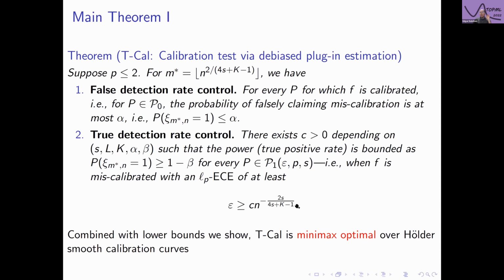And this is exactly that expression that he also showed, and it's a standard thing in non-parametric statistics. Basically here what we are saying is that with some smoothness, we know how to get the false detection and true detection rate control. We will also state some lower bounds, but combined with that, it shows that our methods are minimax optimal over Hölder-smooth calibration curves.